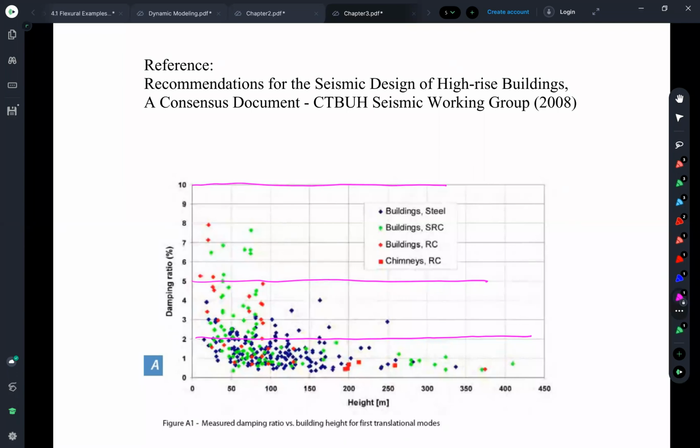But if you look closely, comparing between the RC building and steel building, it looks like the RC building has more damping than the steel building. And if you look at the building height, I mean the story number or the height of the building, when it's taller and taller, the damping tends to be smaller and smaller.